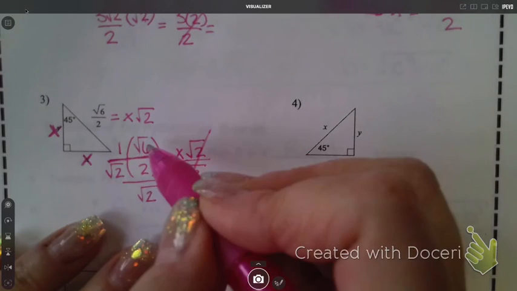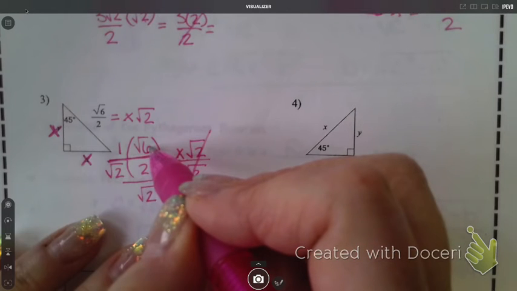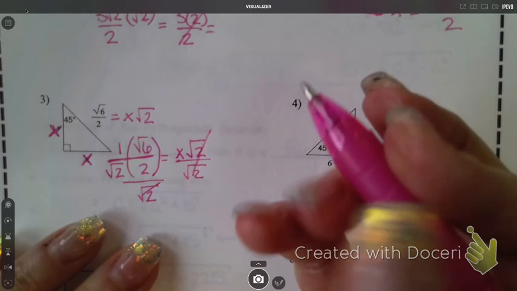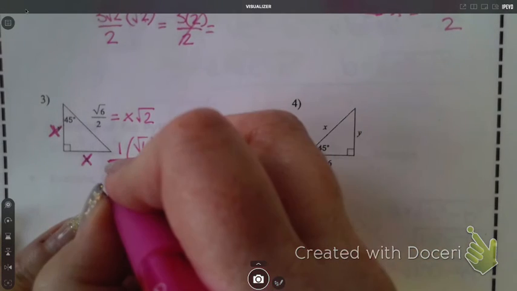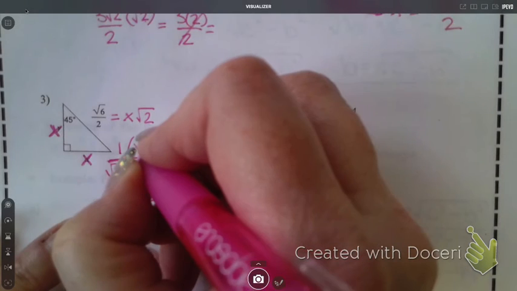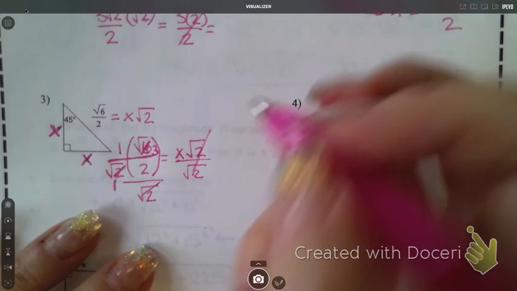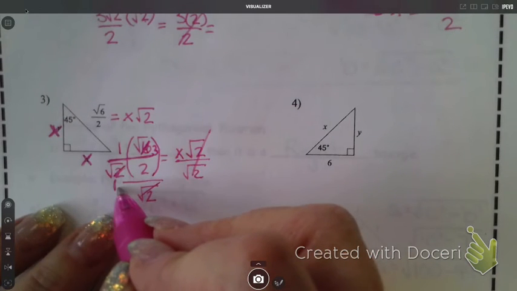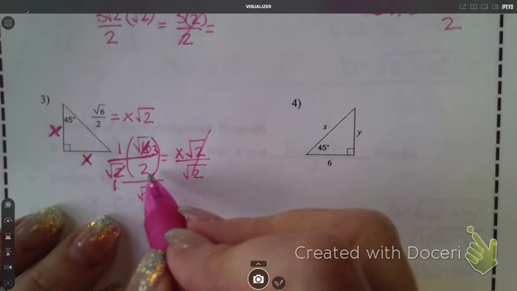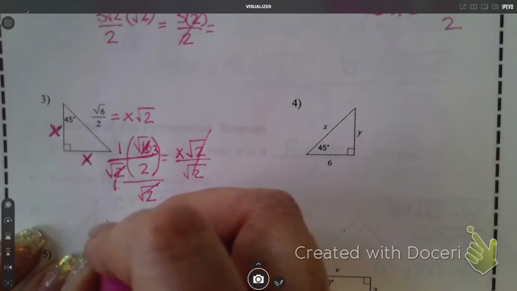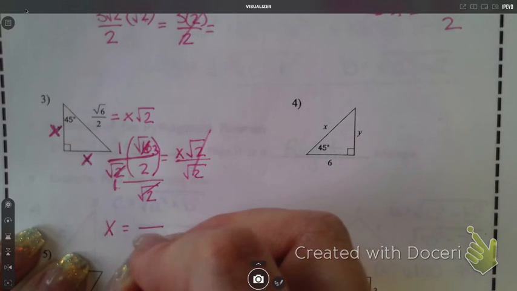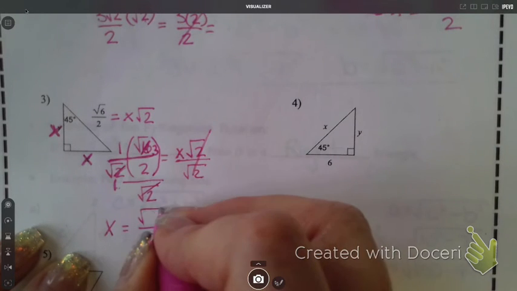Does 2 go into 6? Yes. How many times? 3. So this 2 becomes a 1, and this 6 becomes a 3. So what is the square root of 1? 1, and 1 times 2 is 2. So x equals square root of 3 over 2.